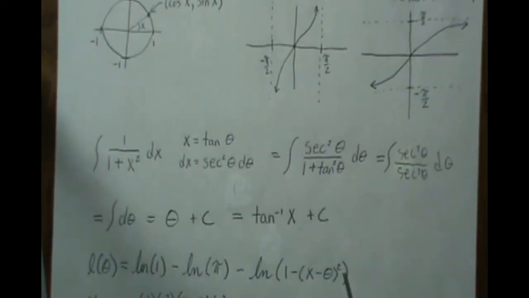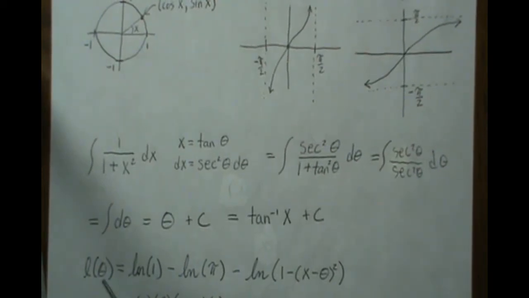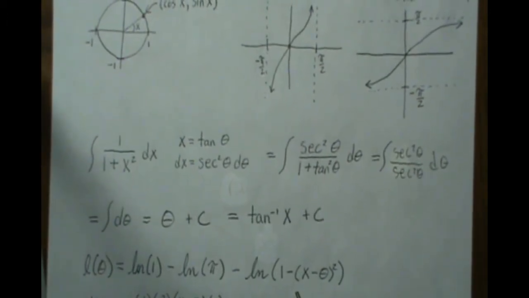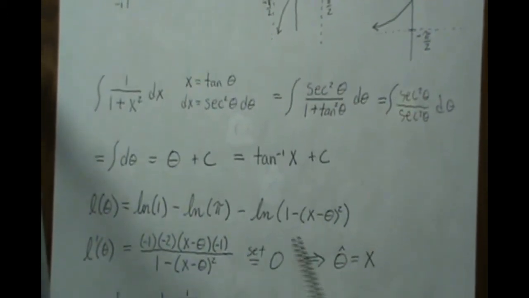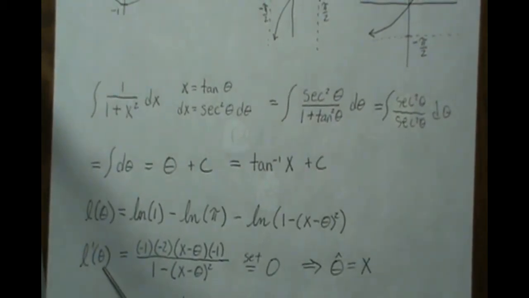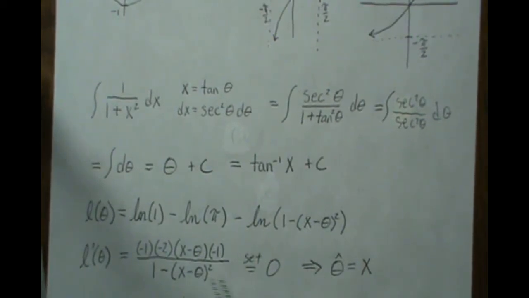So now let's move on. We take the log of our density, and we get this, and we have a sample size of 1. Now let's take the derivative of this with respect to theta. That drops out, this drops out, then you get 1 over this, times the derivative of this.